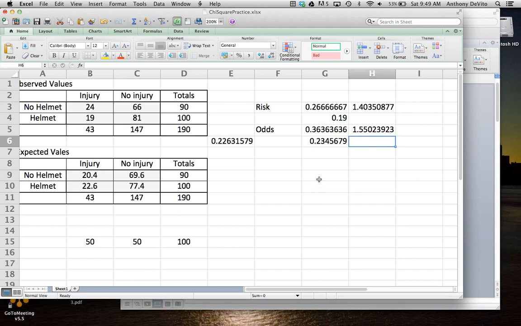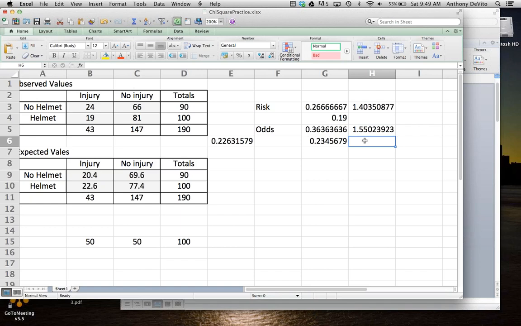Now here's the tricky part. Based on this information, we know that it's riskier to not wear a helmet, and even with odds, we know it's riskier not to wear a helmet.